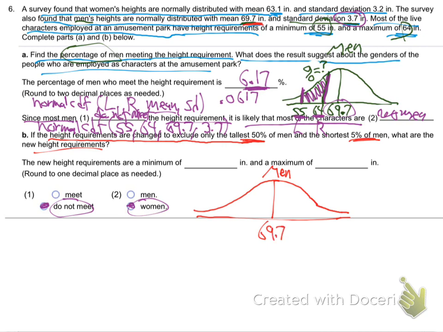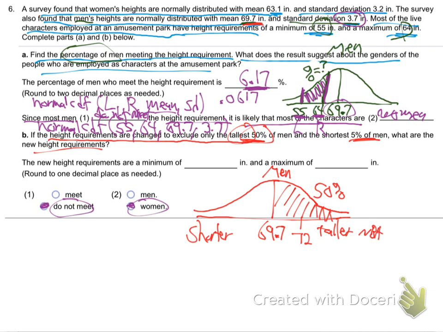And they're saying if the height requirements are changed to exclude only the tallest 50%, that's 50%, right? That's in the middle. Why did it go to the right? Because it's the taller people, right? The taller people go this way, the shorter, right? Because this is a number line down here. Here's 69.7. That's the average men's height. You know, taller men, 72 inches, that'd be 6 feet, and then men over 6 feet, and all the NBA basketball players over here, right?